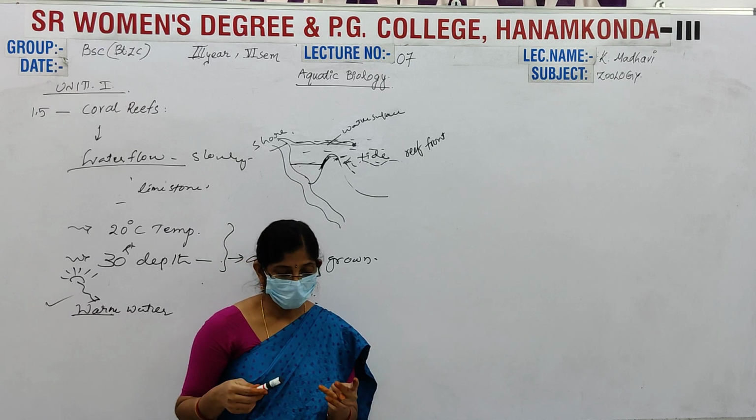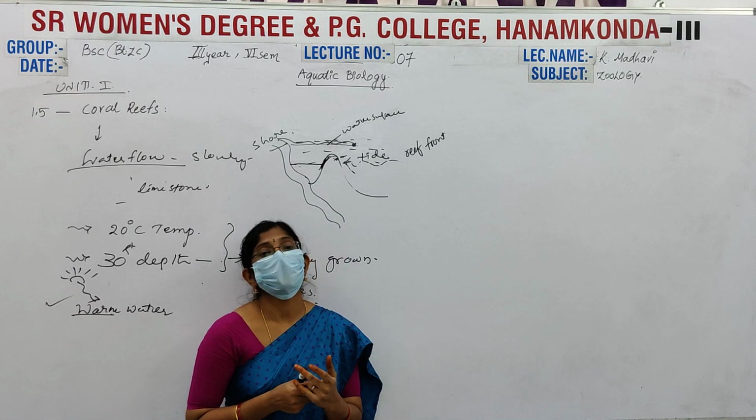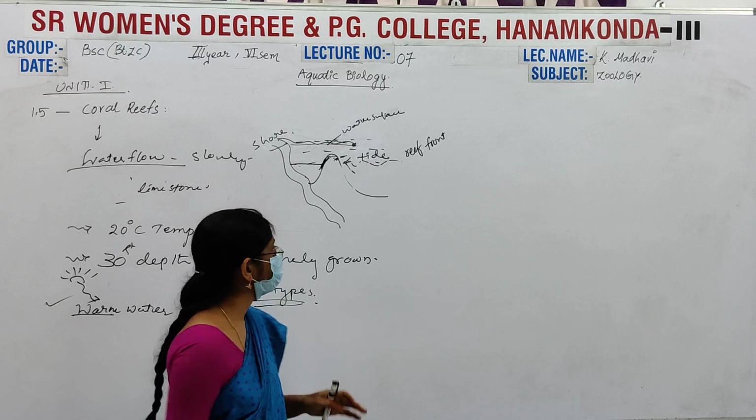Here the coral reefs are usually classified into three types. Coral reefs are categorized into three types.